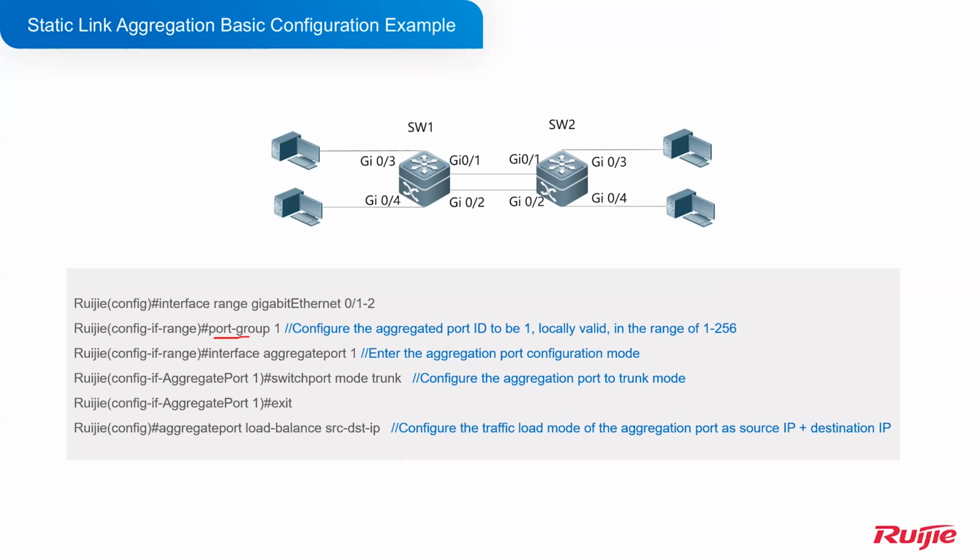Port group 1 means both of them belong to aggregate port 1. And here, maybe you will get confused because why do we not create aggregate port 1 in advance? Because even if you didn't create aggregate port 1, after using these commands, the system itself can automatically create an aggregate port.